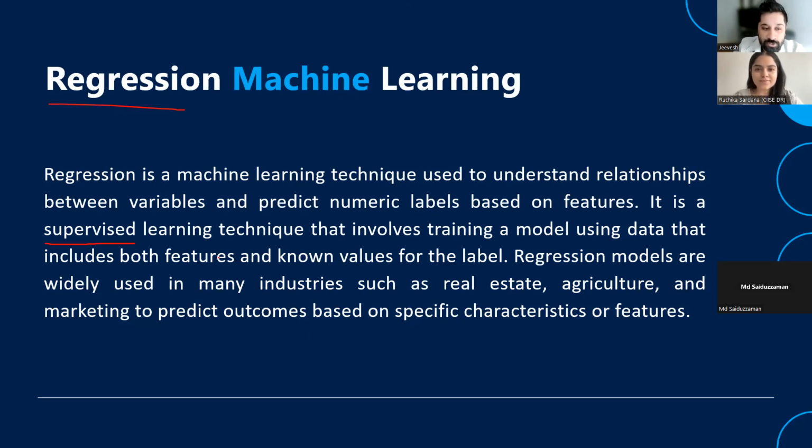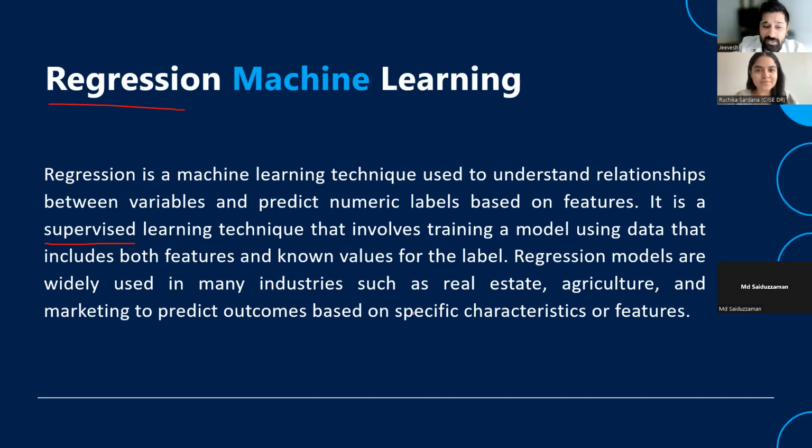Okay. So going forward with the definition, this involves training a model using data that includes both features and known values for the label. Regression models are widely used in many industries such as real estate, agriculture, and marketing to predict outcomes based on specific characteristics or features.